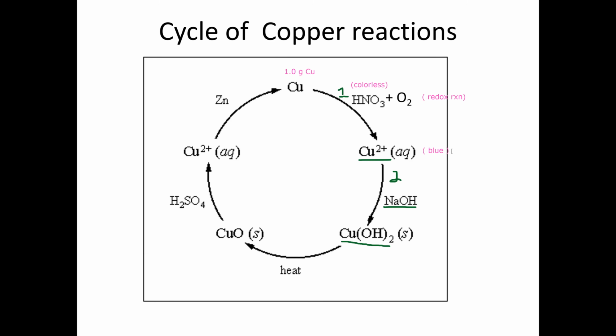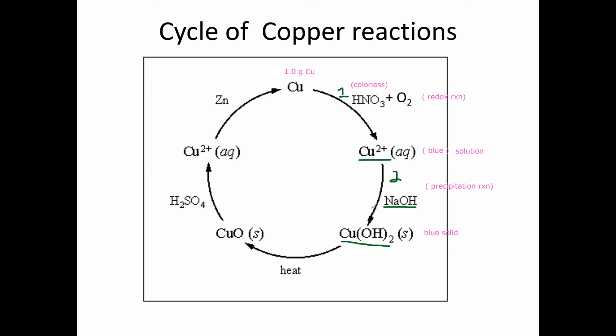So again, we're going from a blue solution to a blue solid. And this is a precipitation reaction. So step 2 is a precipitation reaction. We're going from a blue solution to a blue solid when we add sodium hydroxide to copper 2+ ions. And that's because, again, copper 2 hydroxide is insoluble. Go to the next step.